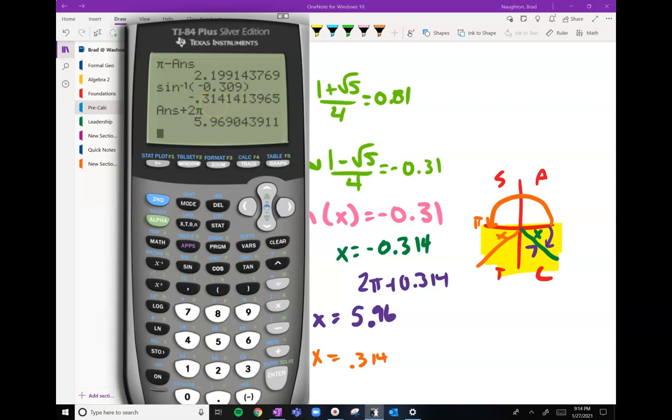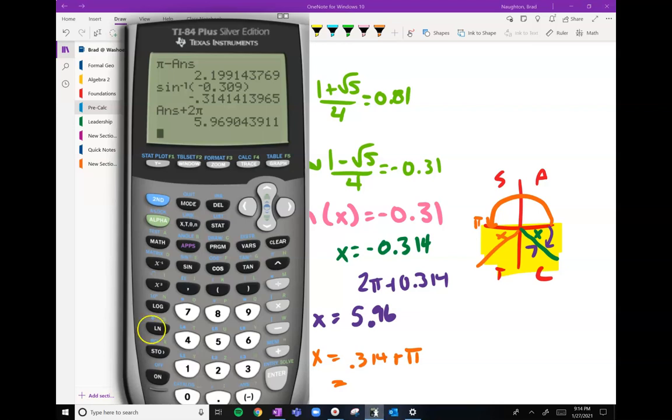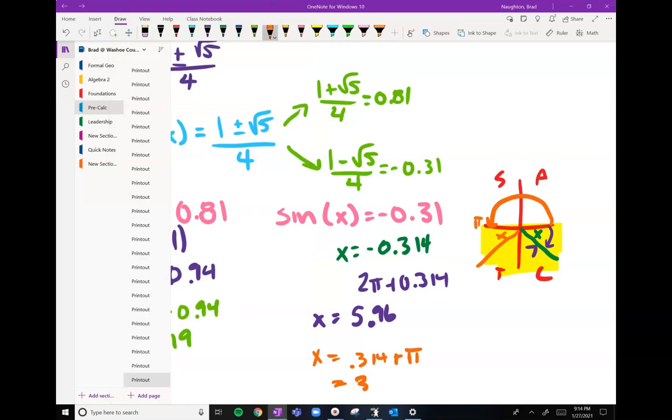But we know that's a reference angle, so we can make it positive. And then plus pi. Pi plus 0.314, and we're going to get 3.45, which is bigger than our pi of 3.14, so we're good.